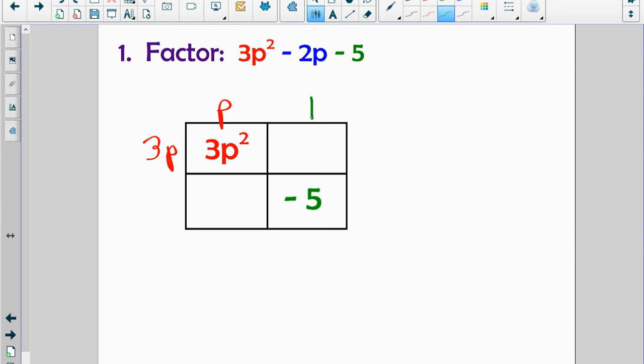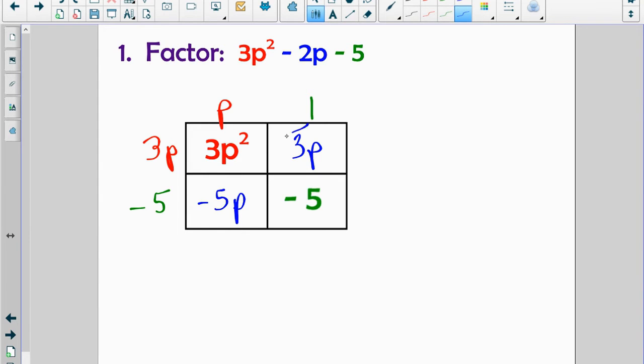So let's do 1 times negative 5 to get negative 5 in that last box. Now we have to check the rest of it. If I multiply 3p times 1, I get positive 3p. In the last box, I'm multiplying negative 5 times p, and I get negative 5p.